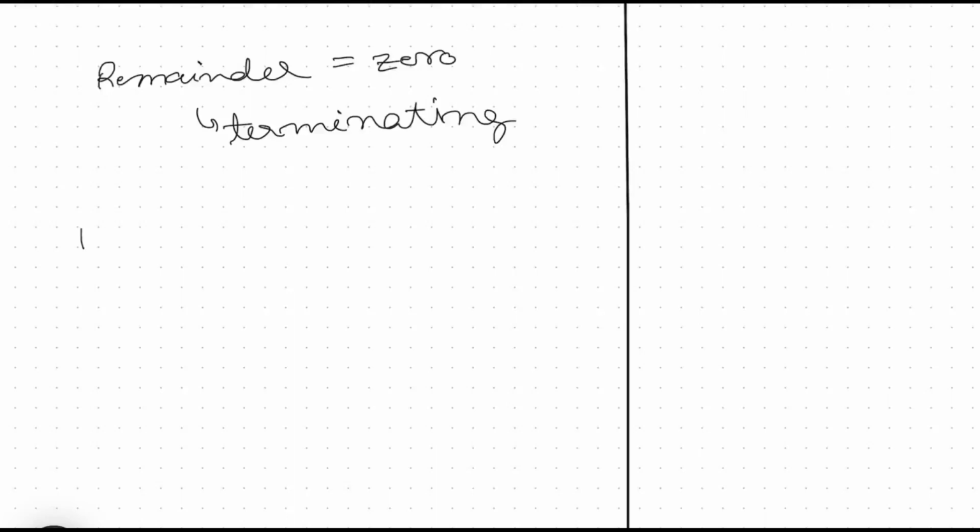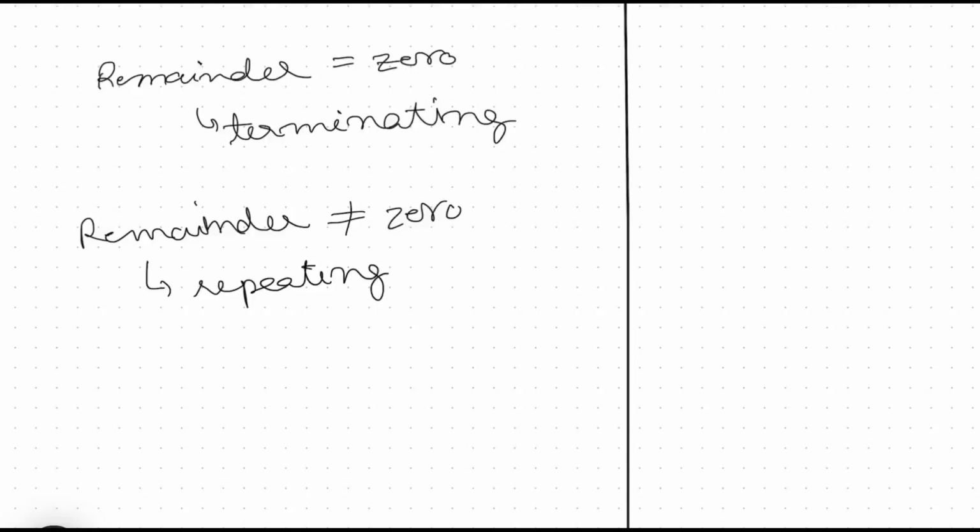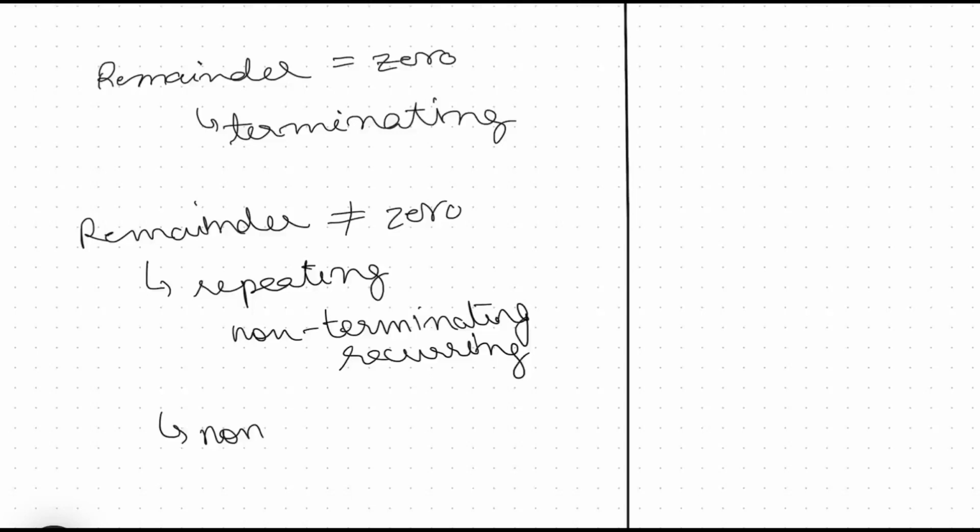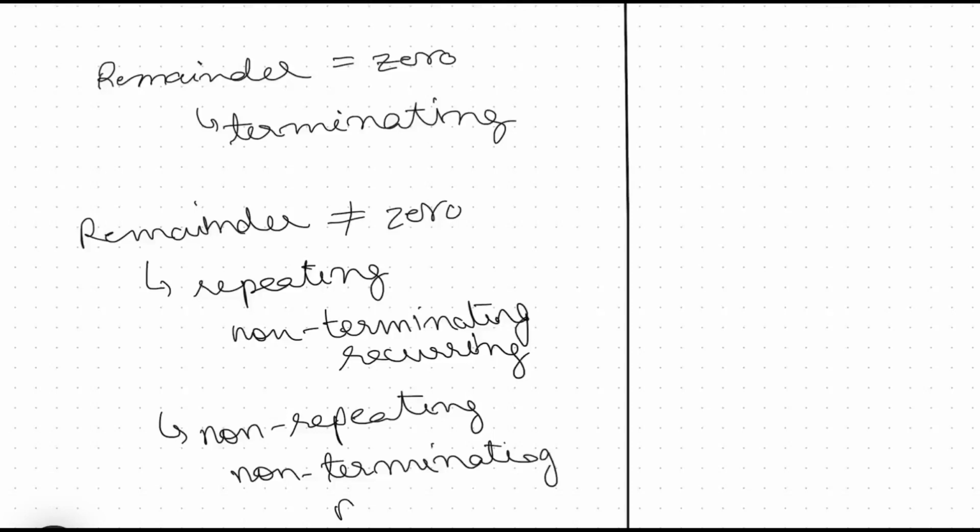On the other hand, where the remainder is non-zero and the decimals have a repeating pattern, they are called non-terminating recurring, and in cases where they are a non-repeating pattern, we call them non-terminating non-recurring.